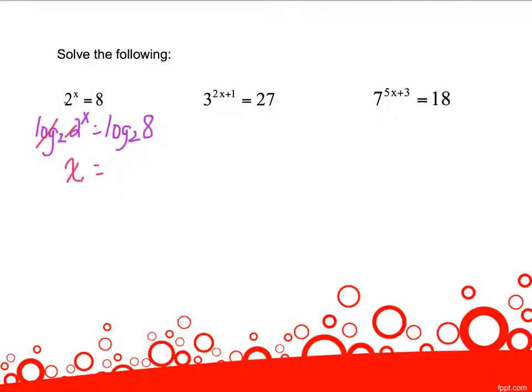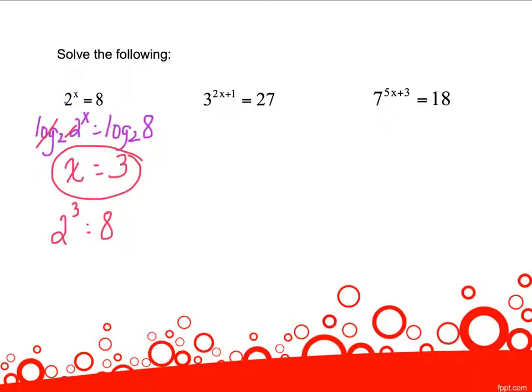And then I need to ask myself, can I find log base 2 of 8? Well, remember, that means 2 to the what gives me 8. And that answer is 3. So then my answer for that equation would be x equals 3. And if we go back and look, that makes sense that 2 cubed is equal to 8.